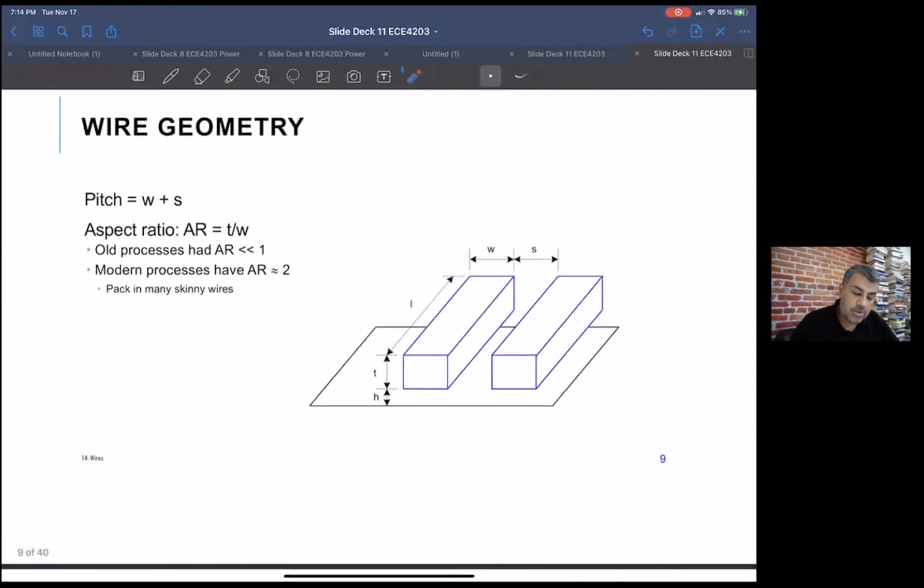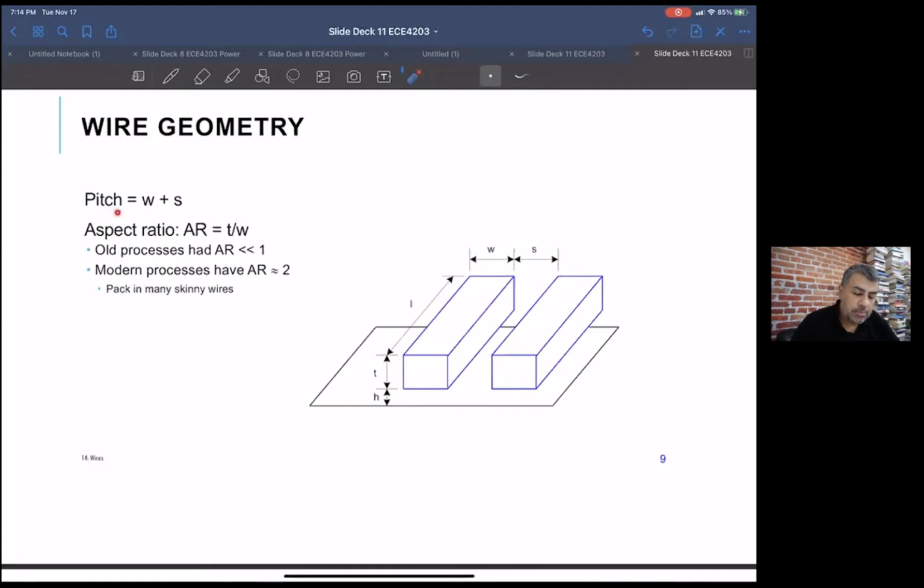Okay, so here's sort of some definitions about the wire. If you think about two wires running parallel to each other, you've got the separation between them, the width of each wire, the length, the thickness, and the height over ground. So these are all the characteristics.